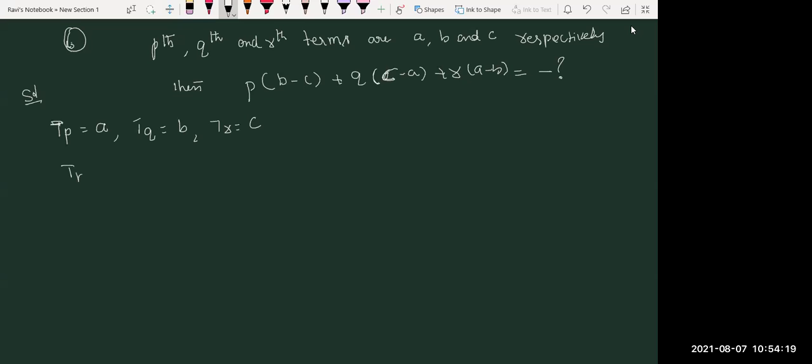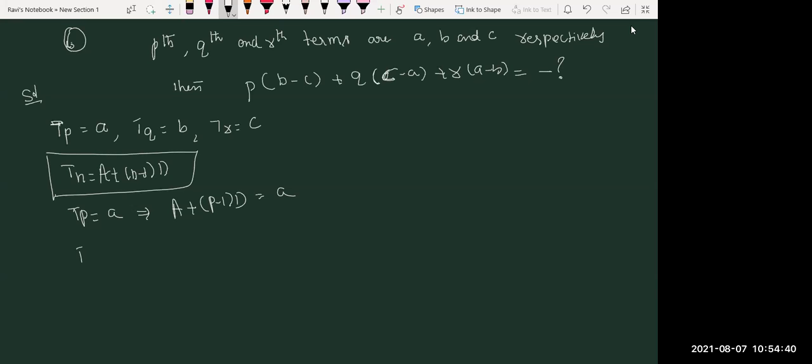The Tn formula is A plus (n minus 1) into D. So TP equals A plus (P minus 1) into D, TQ equals A plus (Q minus 1) into D, and TR equals A plus (R minus 1) into D.